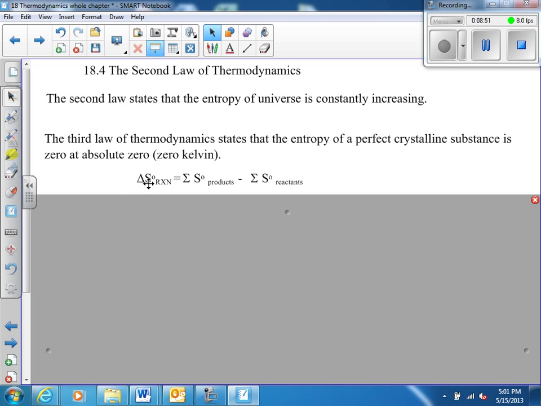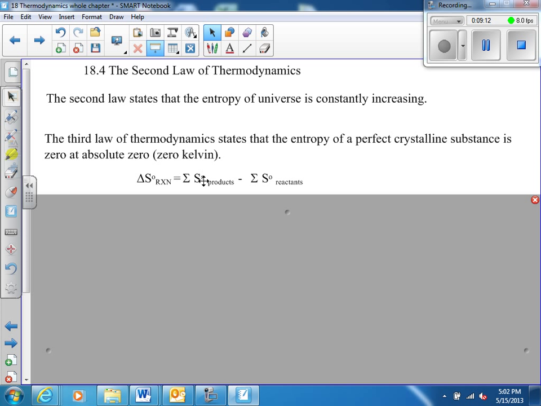And the definition, I mentioned this earlier in words, but here we have the equation. The change in entropy of a reaction is based on the absolute entropies. Notice there's no delta here for delta S_f, whereas for enthalpy, you might remember we had delta H_f. There's no such thing as delta S_f because we have an absolute scale for entropy.